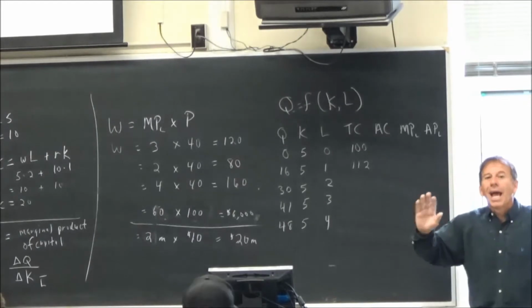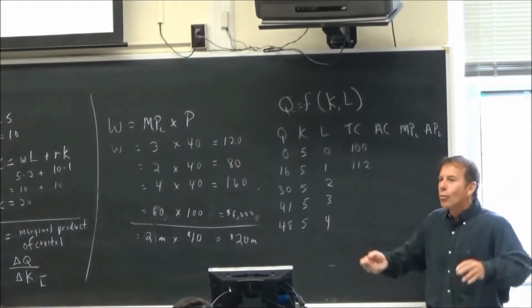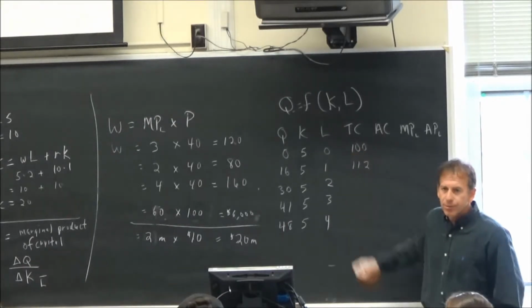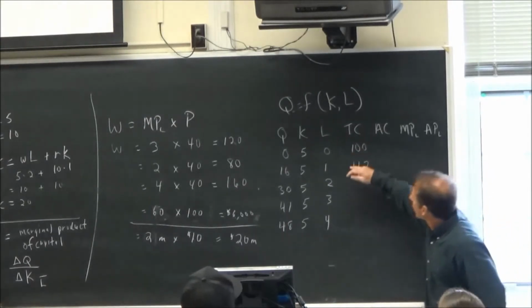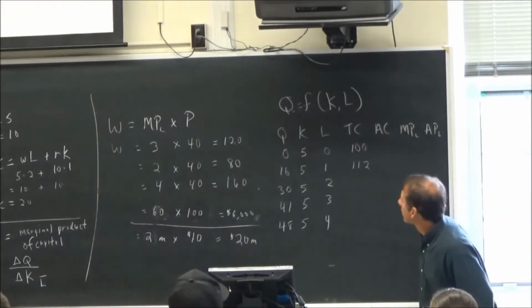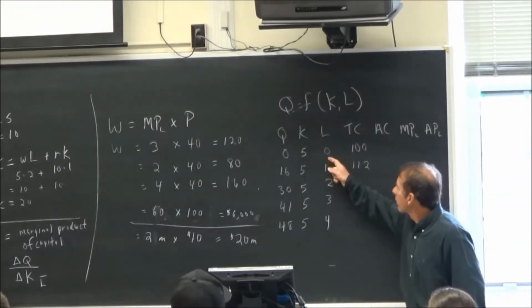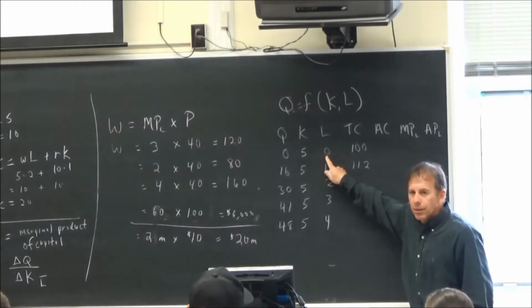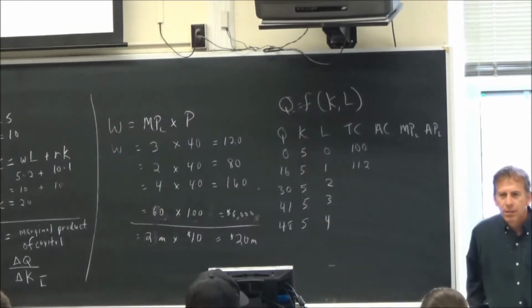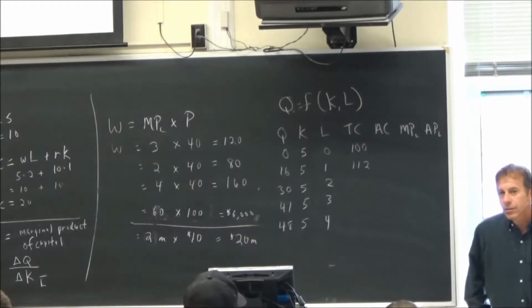Well, you have to look at it like this, you guys. What are you buying? What are you buying for $100? Look across. Nothing. You're not buying any labor. You're buying 5 units of capital for $100.